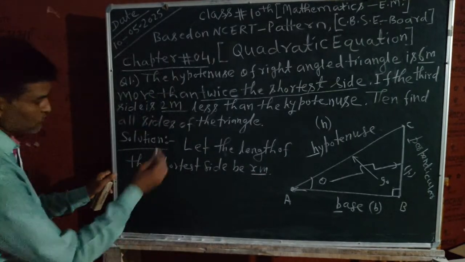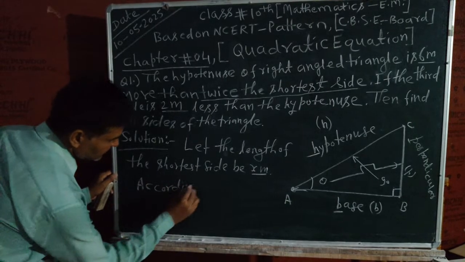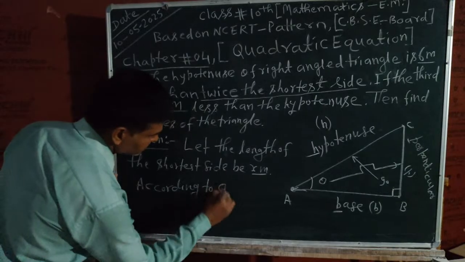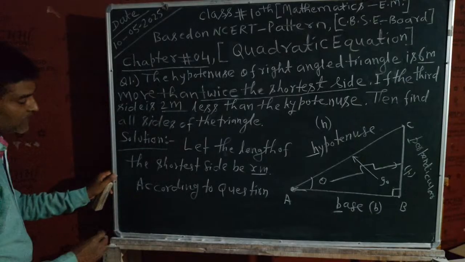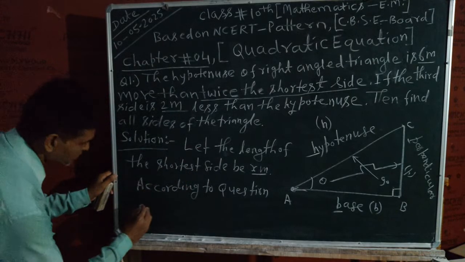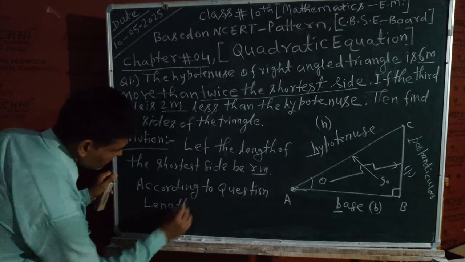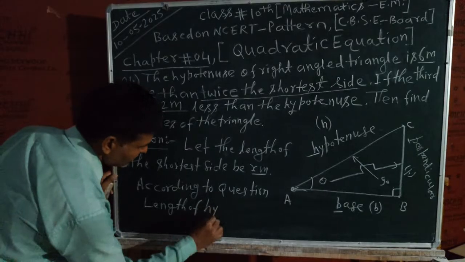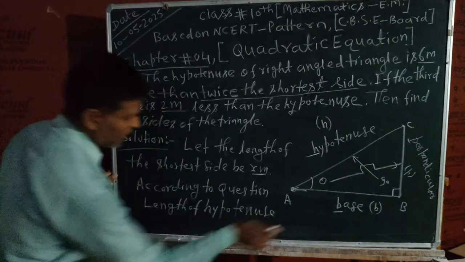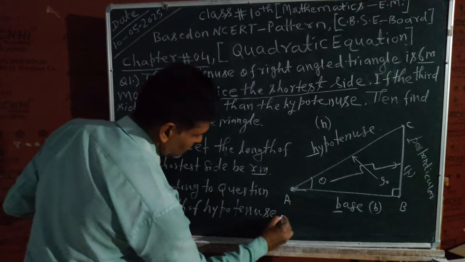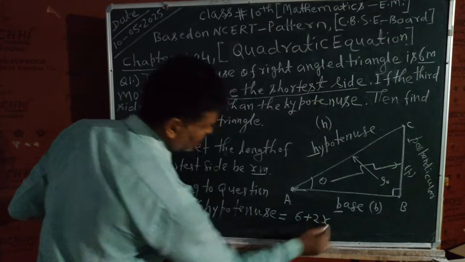So according to the question I have to write here: according to the question, the length of the hypotenuse will be 6 plus twice the shortest side.